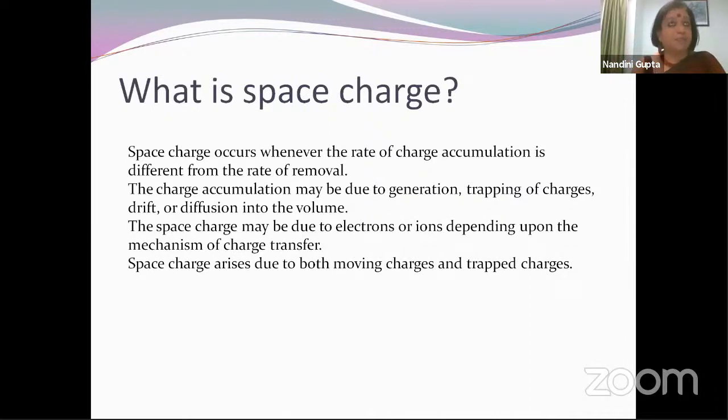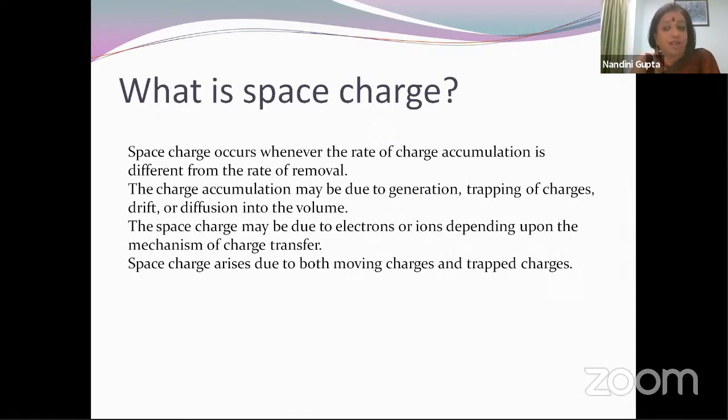In fact, space charge accumulation can be considered as an aging marker, because firstly, space charge accumulation causes aging, and when a material ages, the space charge accumulates more. So in this respect, it is somewhat like partial discharges, that it is a marker of the age of the material. At the same time, it is also a cause for further aging.